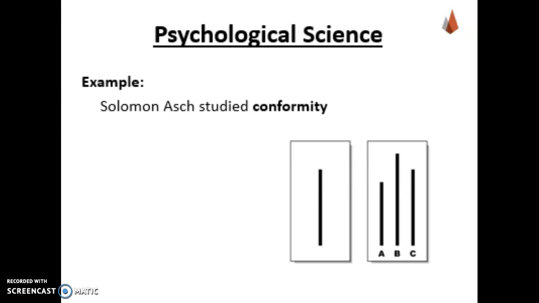On 4 of them, they gave correct answers, to build some trust. On the remaining 12, they gave incorrect answers. 76% of participants went along with the incorrect answer at least once. In total, they conformed with the group on 1/3 of the 12 test trials. So conformity is one thing a psychologist would study. They would be interested in why people would give an obviously wrong answer.